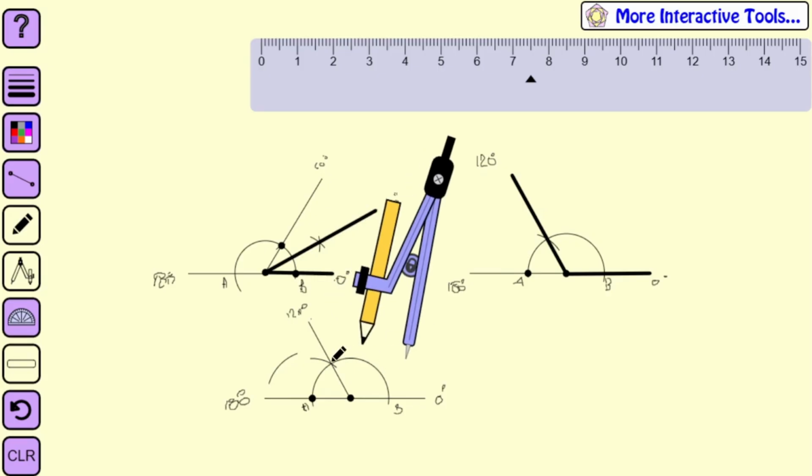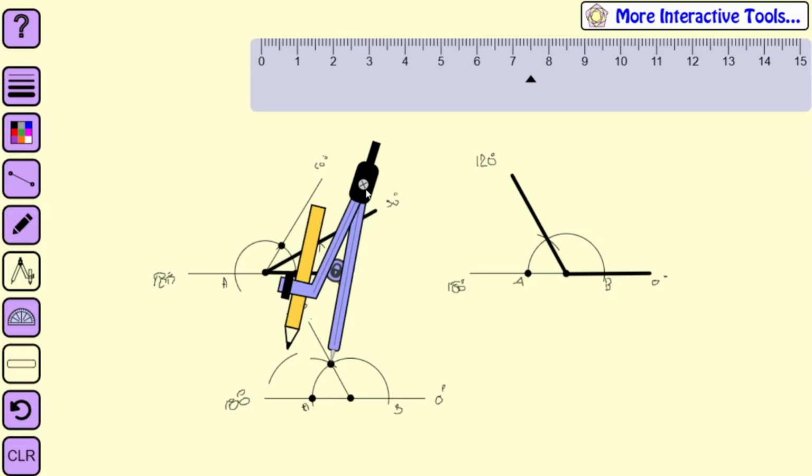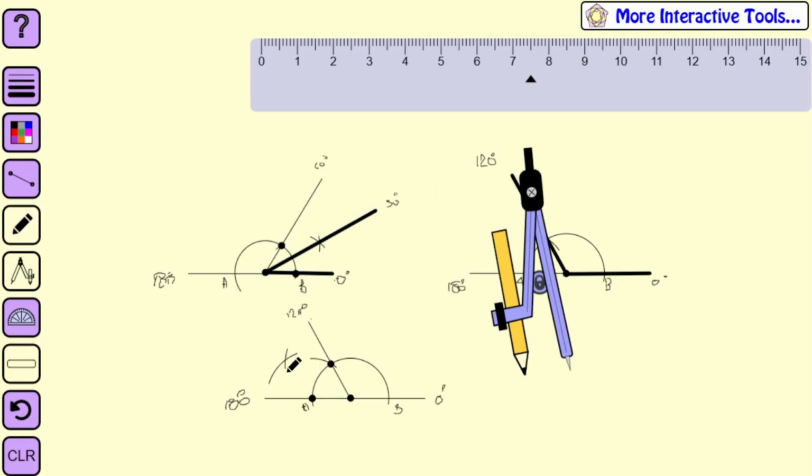And then the second point is going to be where our semicircle is cutting the 120 line. Sorry, I apologize for that. 120. All right. Grab and cut. Wherever they meet, draw your line through it. And this is now 150. All right. And that is how we get the opposite of 30 degrees.